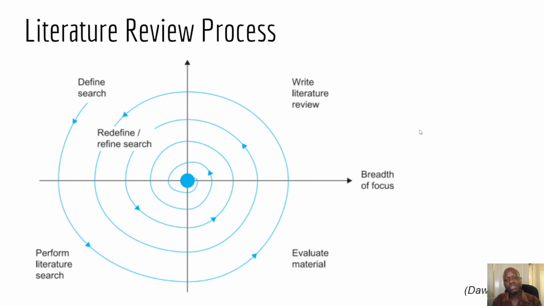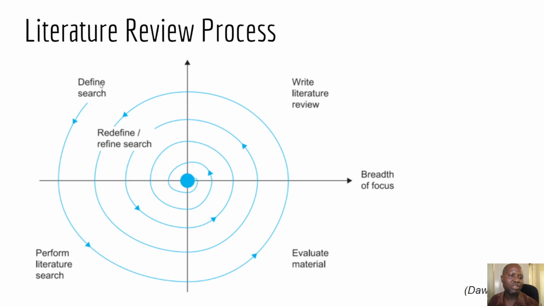Now the literature review process winds between the quadrants. First you define the search. There is a quadrant for defining the search, performing the literature search, evaluating the material, and writing the literature review. So it's not a straight path.